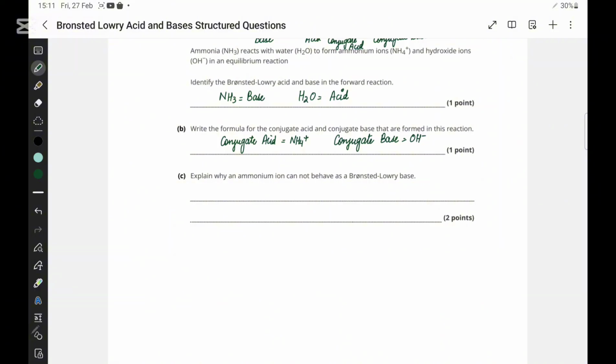Why can an ammonium ion not behave as a Bronsted Lowry base? A Bronsted Lowry base is a proton acceptor, while the ammonium ion cannot accept another proton.